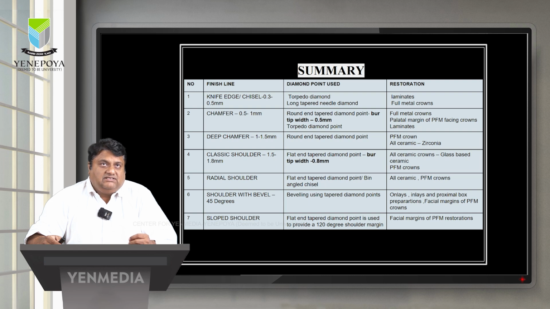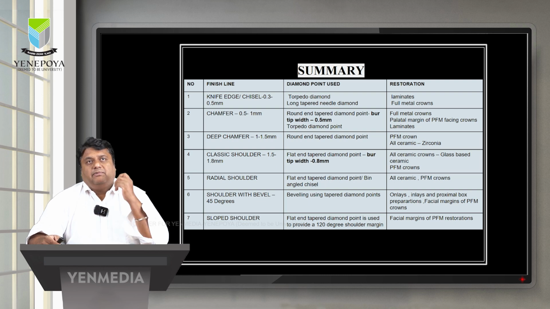For laminates, that would be the best finish line in comparison with a knife edge. Deep chamfer, that's the next. Again 1 to 1.5 mm width, a round end tapered diamond point is used. And what are the crowns that you can do with that? We can have PFM crowns and all ceramic crowns, that is zirconia based all ceramic crowns.